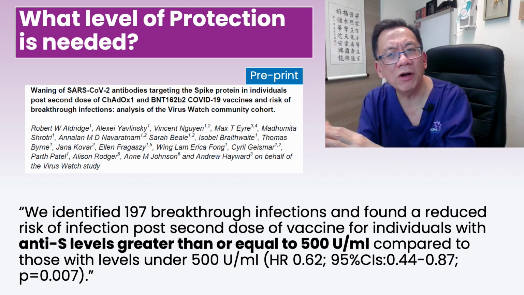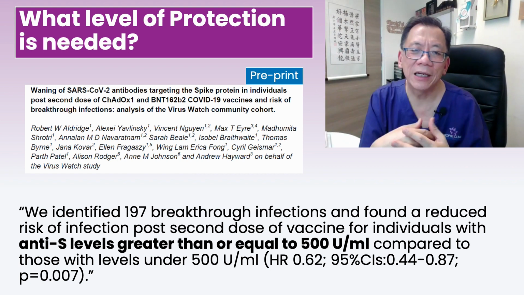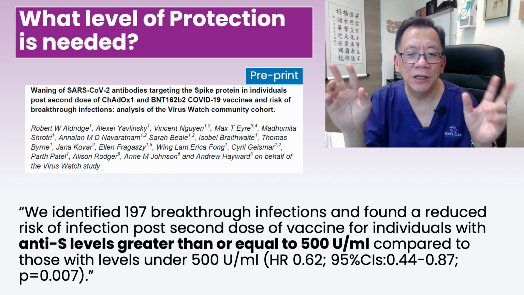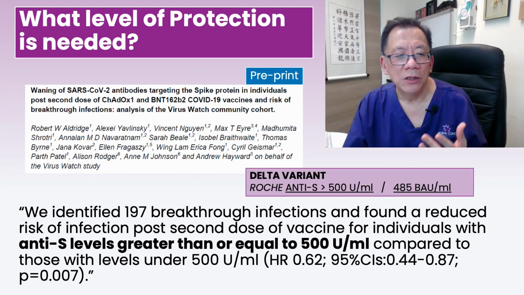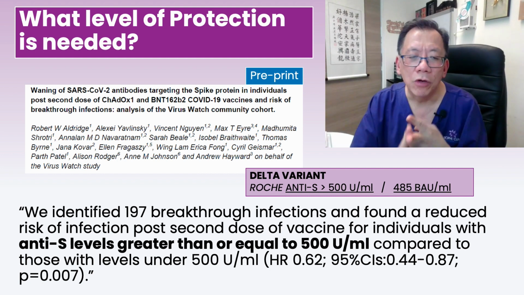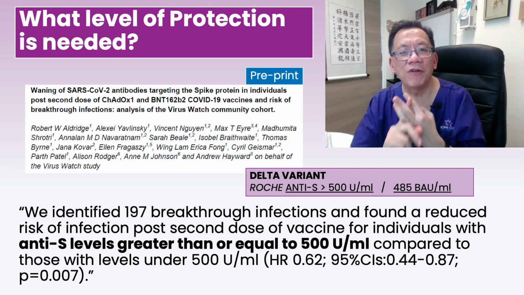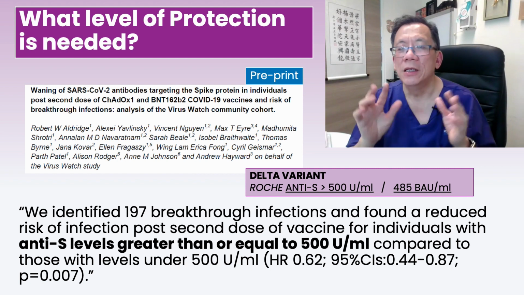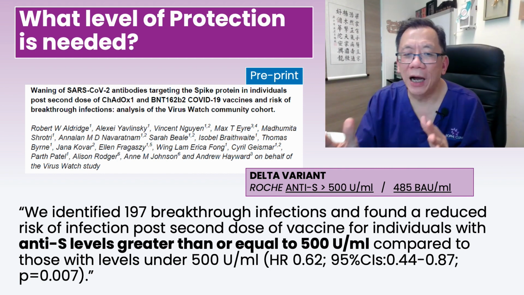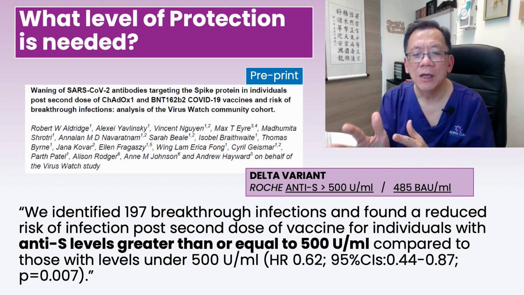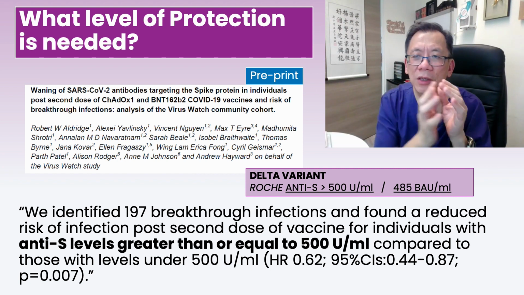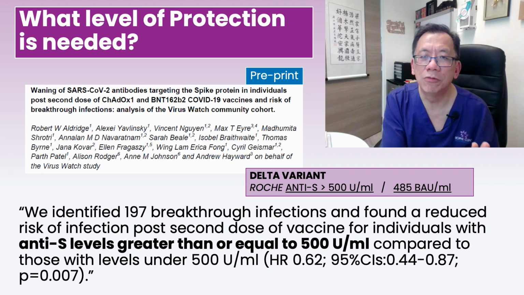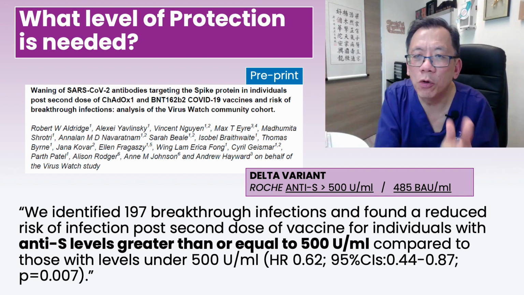But if it's more than 500, you are less likely to fall sick. So the protection level is actually 500. Have it and you get protected. So for the Delta variant, Roche anti-S, you need to be more than 500 units per mil. Some of you may notice that I introduced BAU here, binding antibody units, because the units per mil in the Roche kit represent their own units per mil.